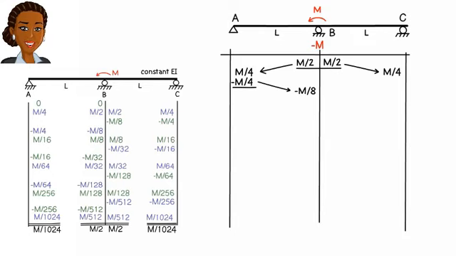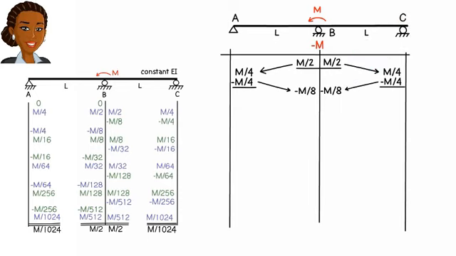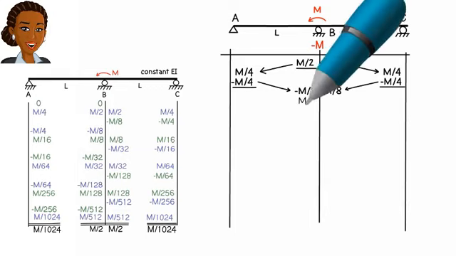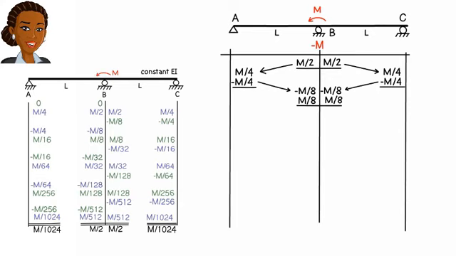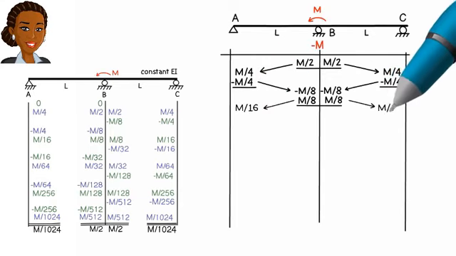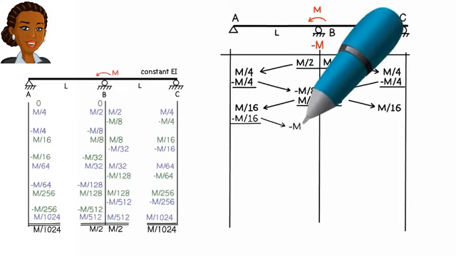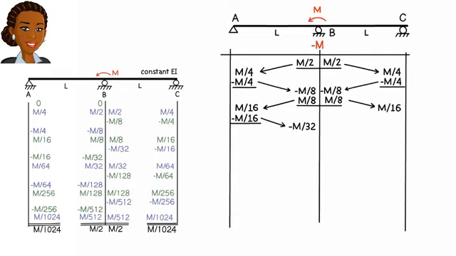Similarly, we first balance the moment at this joint, then carry half of the balancing moment over to the other side of the member. Back to the middle joint, we balance the total moment at the joint by adding these moment values, of which half of each is a carryover moment. This gives us the next values. Now balance joint A, then carry over half of the balancing moment to the other side.